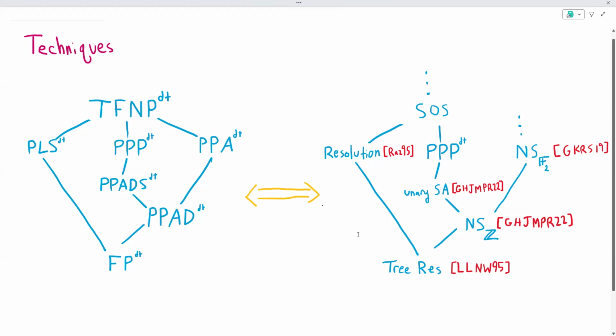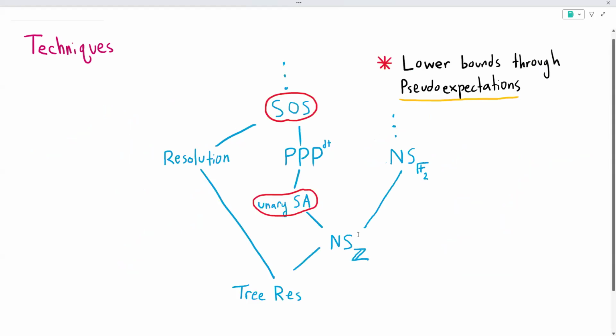Okay, so how can we hope to, using proof complexity, attack PPP lower bounds? Well, notice that PPP is right between unary Sherali-Adams and sum of squares, two semi-algebraic proof systems. And what this means is that unary Sherali-Adams is not able to prove a refutation of the pigeonhole principle, and SOS, sum of squares, is able to prove the pigeonhole principle.